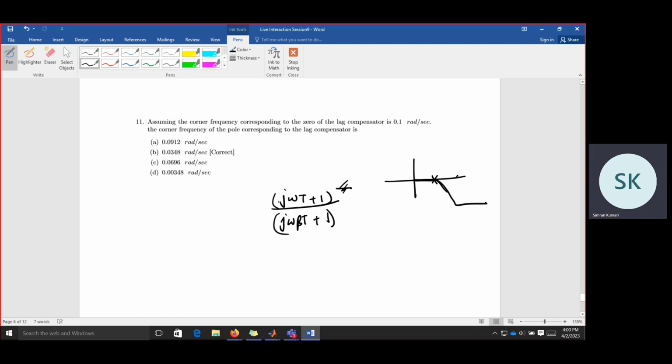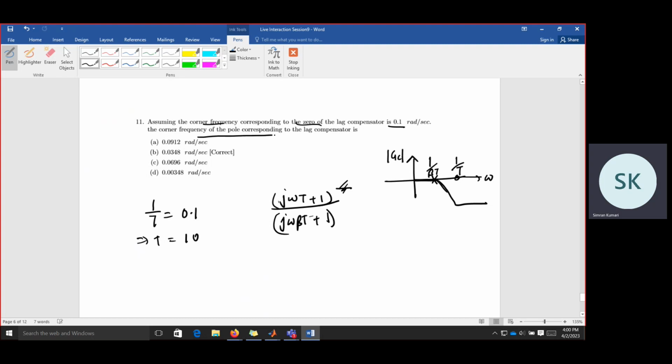This is the pole, this is the zero. It is at 1 by beta T, and this is at 1 by T. So we have been given the corner frequency corresponding to the zero, which is 0.1. So 1 by T is equal to 0.1. So T would be 10.